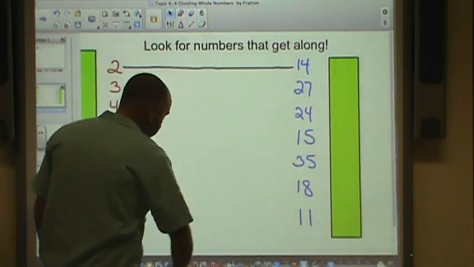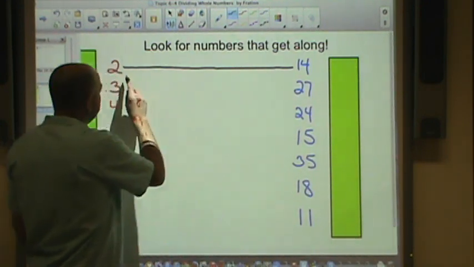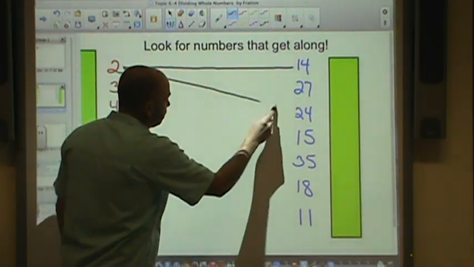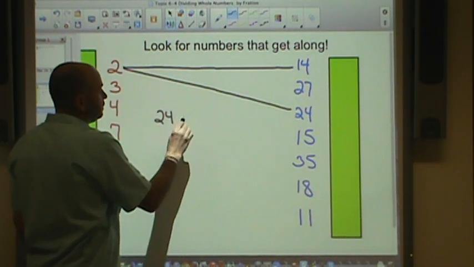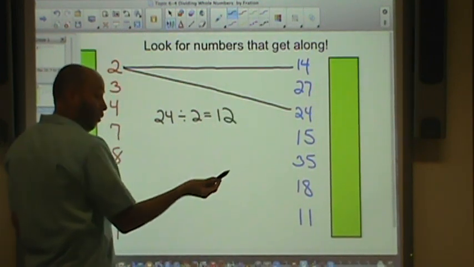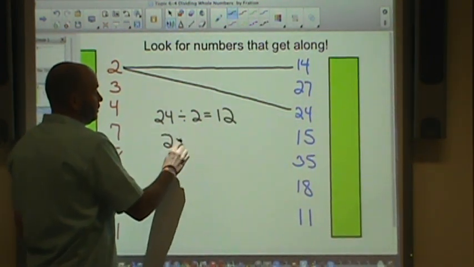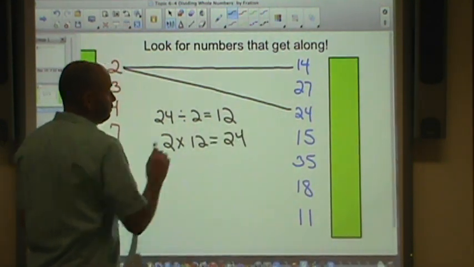You could then say, well, what other numbers do I have that get along? Well, certainly 2 is going to get along with 24, because 24 divided by 2 equals 12, or you could say to yourself, 2 times 12 equals 24.